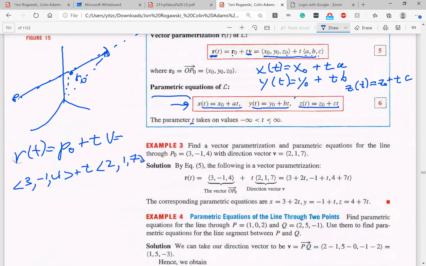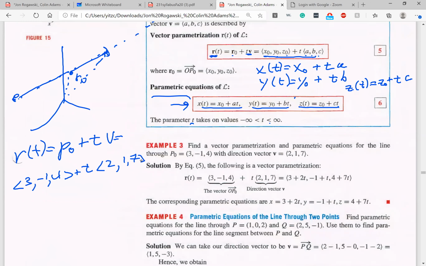So that's the vector parameterization. And then if you want to put this all together, you're going to get 3 plus t times 2. And then you're going to get your -1 plus t times 1. And then you're going to get your 4 plus 7t.